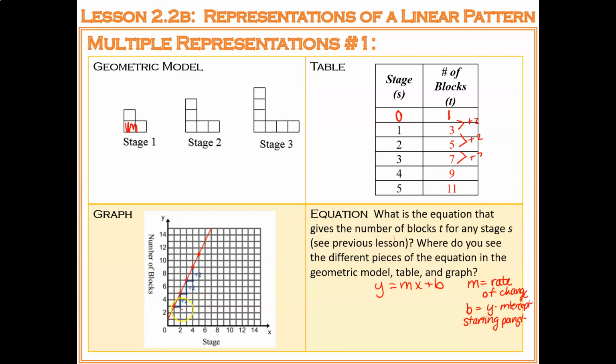If you look at the graph, you're going to go up 2 over 1, up 2 over 1, up 2 over 1. So that's your rate of change, and it replaces the M. So you have y equals 2x plus, now your starting point can be found right here, or look at your graph starts at 1, positive 1, so that'll be 1. This is how you make these equations. We're going to get a lot of practice with this. Okay?